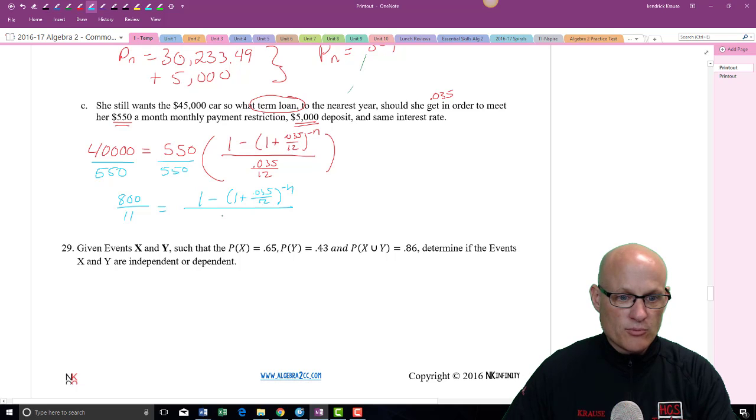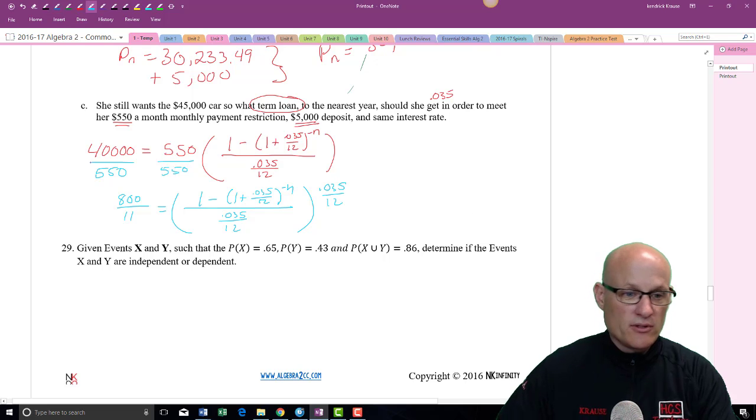All over 0.035 over 12. So now what I'm going to do is multiply this side by this denominator, 0.035 over 12, and this side by the same thing, 0.035 over 12. Because what will happen is on this side they just cancel. And I got it over here.